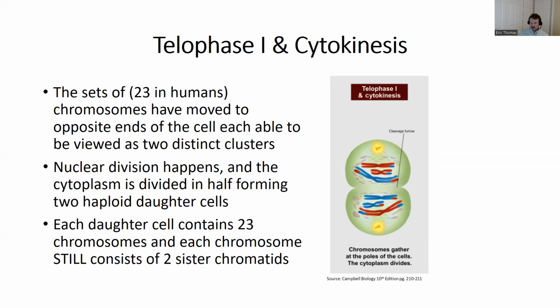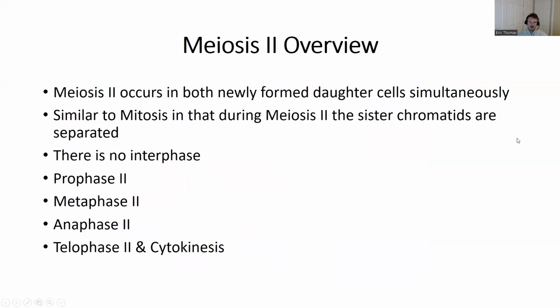Once cytokinesis is completed and we have our two daughter cells, we move into meiosis 2. This is the second subphase of the overarching process known as meiosis. Because we've got two cells, the process is going to happen simultaneously in both of them. And meiosis 2 is more similar to mitosis than meiosis 1 is, and we'll get into that.